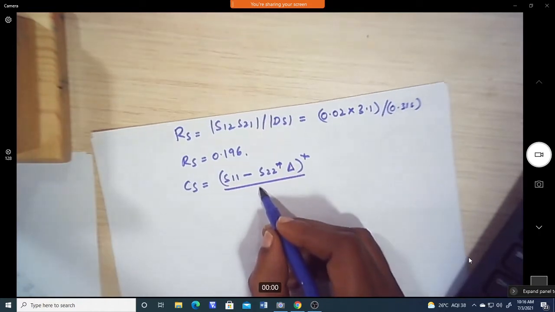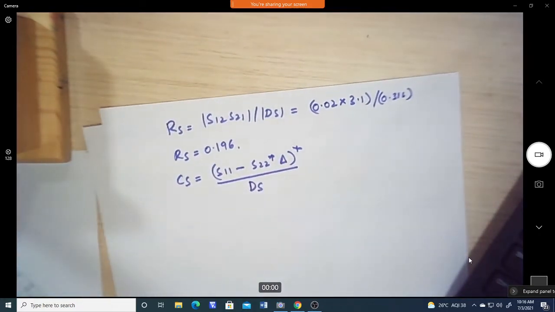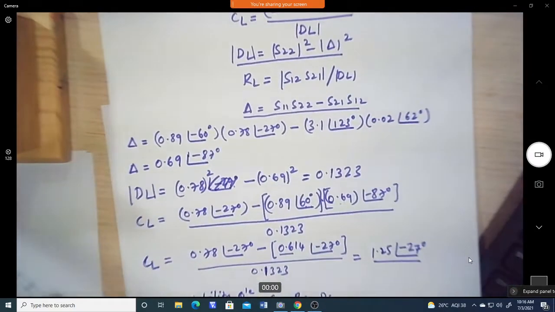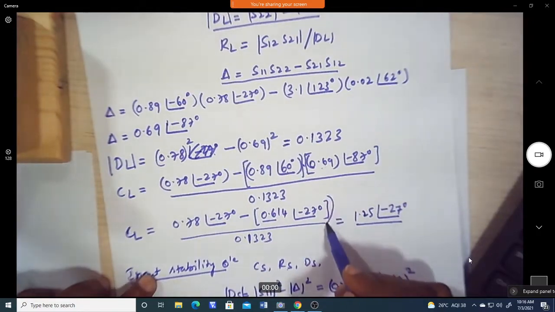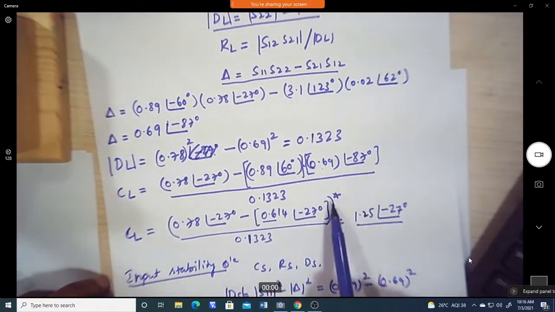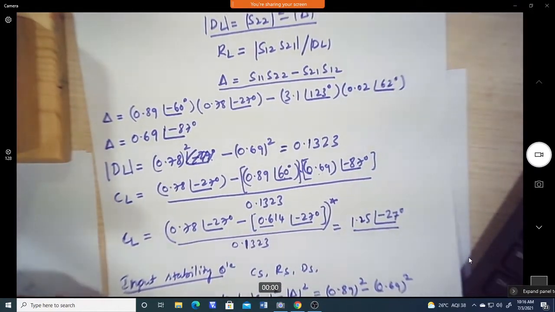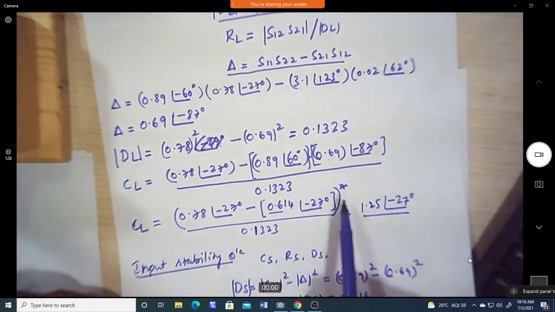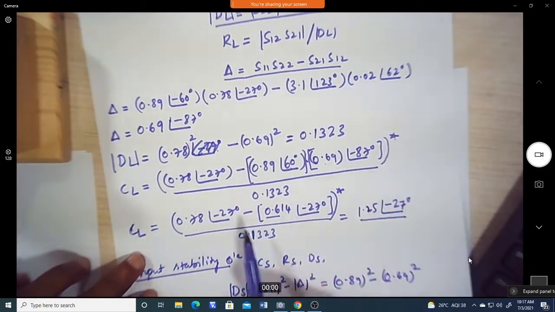This is divided by DS. Here we need to take the whole complex conjugate after this, then find out the value. Have you taken the complex conjugate or not in this? Because the whole thing has a complex conjugate.